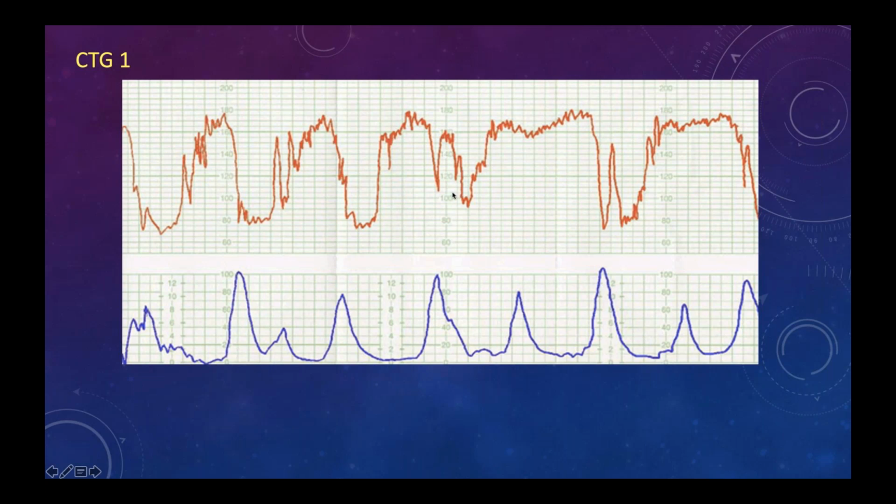It's one NR feature, and you have got a baseline more than 160, so you have got two NR features. So two NR features means the CTG becomes what? Pathological. Very good.